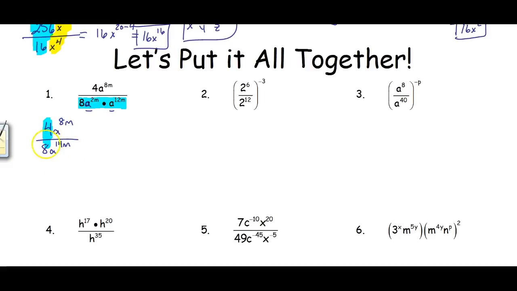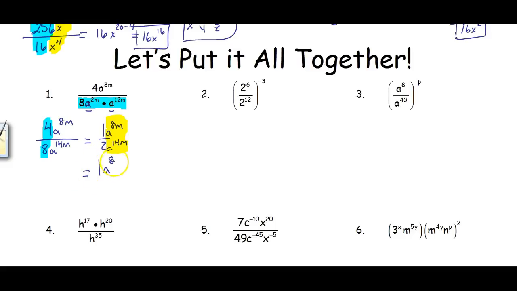So let's go ahead, simplify the front. You get 1/2 a to the 8m over a to the 14m. So now what we want to do is, you're dividing by the same base, so you're going to subtract your exponents.